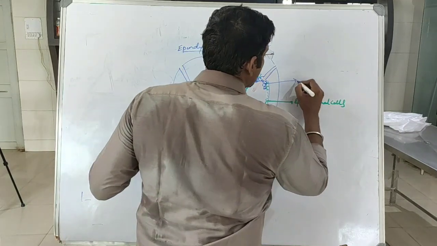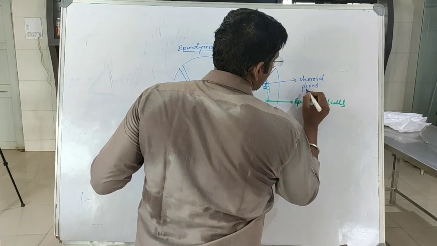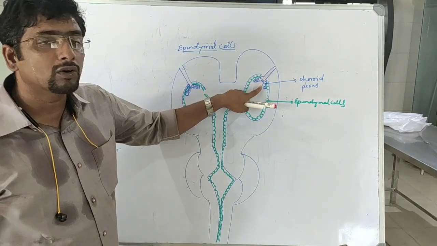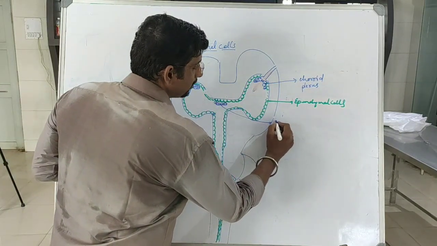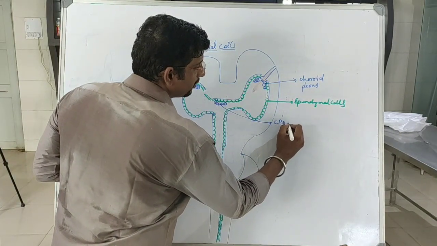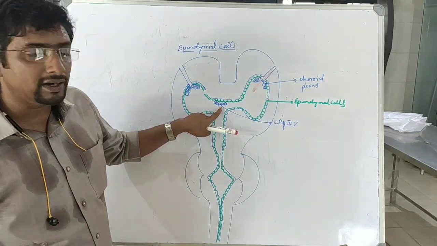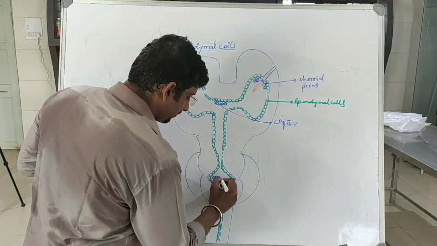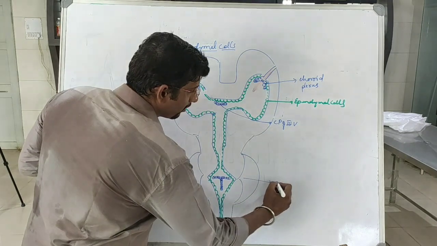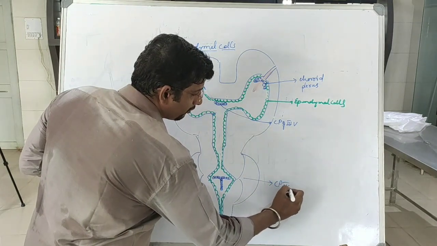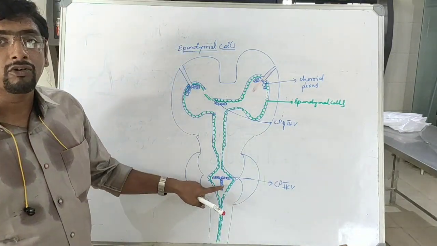These are the choroid plexus of the third ventricle. And these are the choroid plexus of the fourth ventricle.